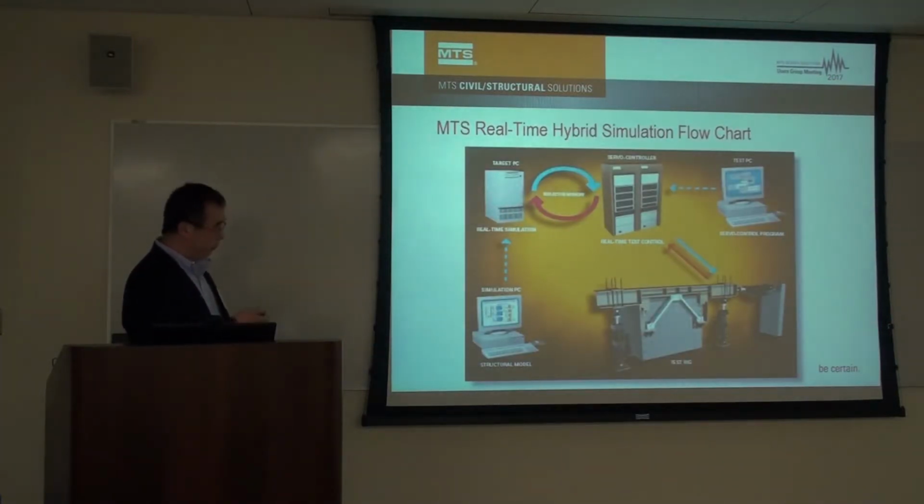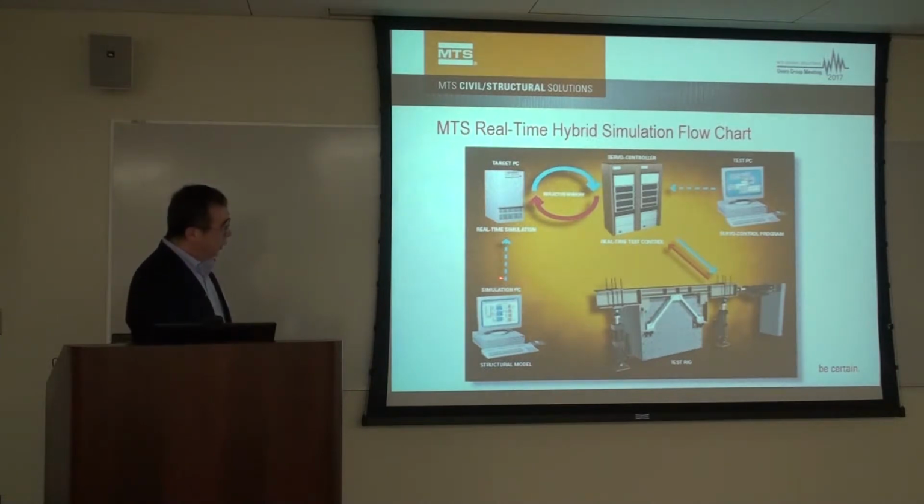In this solution, the model has to be built in Simulink, and then using MATLAB Simulink Coder, we convert this Simulink model to C++ code and download it to a target PC. The target PC really solves the model, and then the command is sent through SCRAMNet here, over fiber optic cable, to our controller.